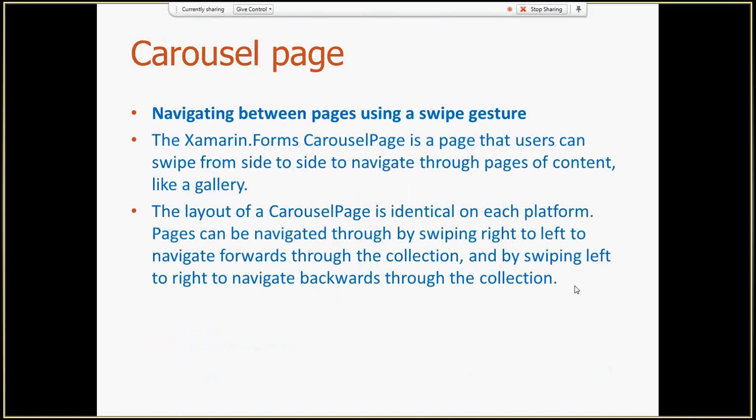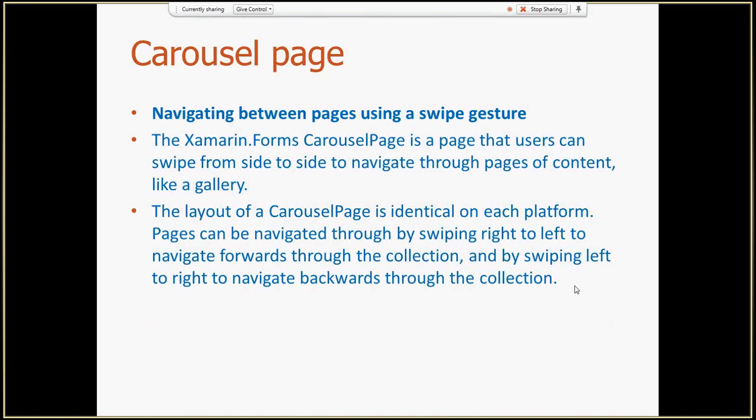Carousel page, you may not be that familiar with it. It is something like navigating through a gallery. You need to have the same layout on each and every carousel page, and you use a swipe gesture to go forward and backward.